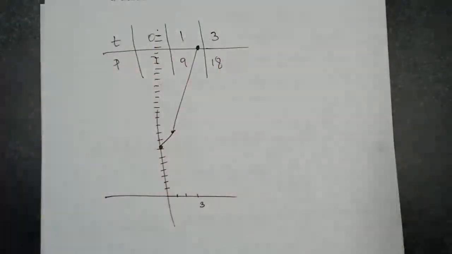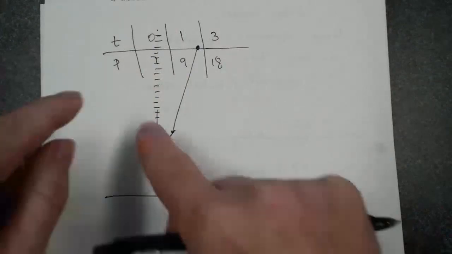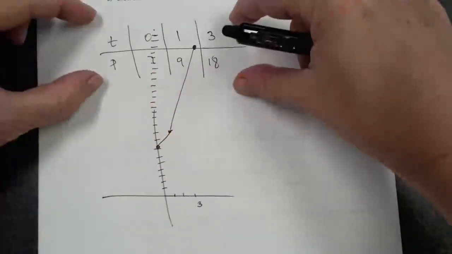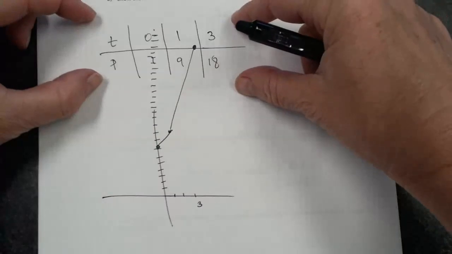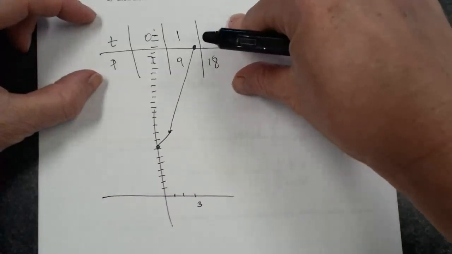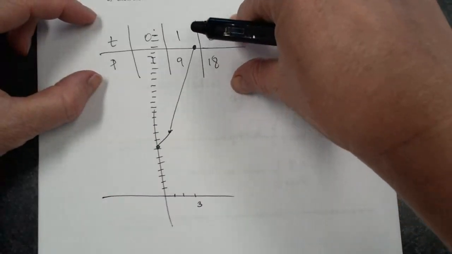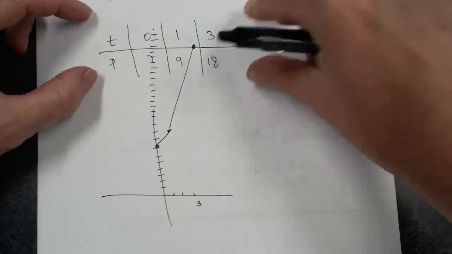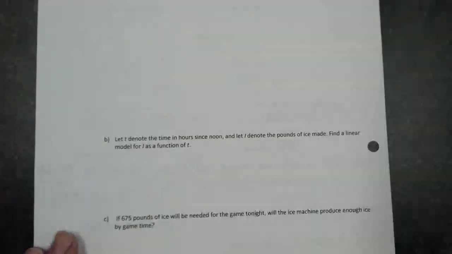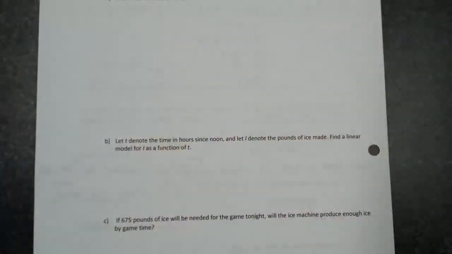Sometimes you have a table, and this table does not represent a linear model. Now we have a table, and we have to check if this table represents a linear model. Read the problem, and we will talk about this problem.